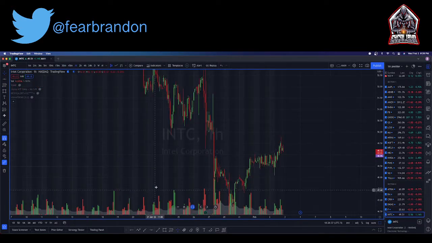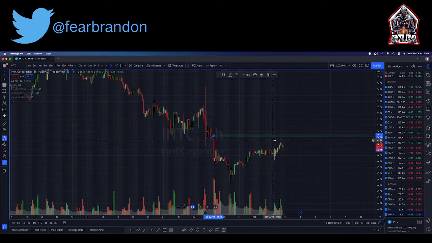Let's see 1 hour. That's a huge upper wick, just going from the open to that red wick. So I'm waiting for INTC. If I want to short it, definitely get closer to here. See if we can possibly get up to the 50s and then short it again. See if it gets rejected.